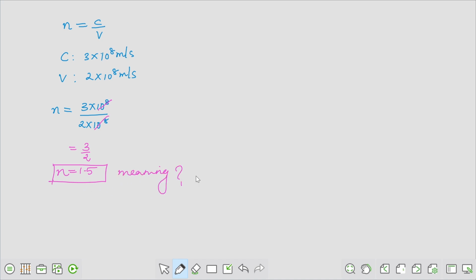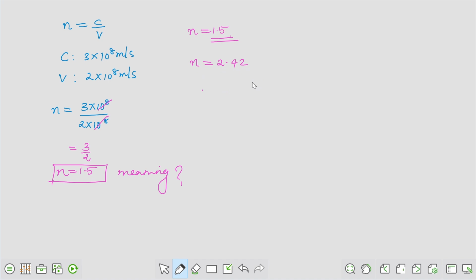What does it mean? I hope you thought about it. Now let's see what is the meaning of refractive index 1.5. When I say refractive index of the medium is 1.5, it means that speed of light in that medium decreases by a factor of 1.5. Another example, the refractive index of diamond is 2.42.